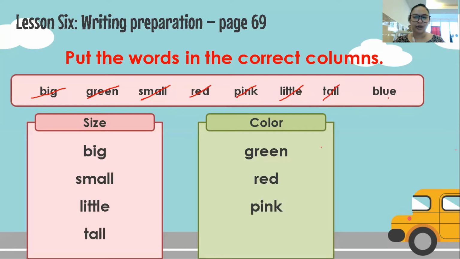Is it a size or a color? Yes, it's a color. Very good. So now we've learned already the sizes and the colors. The words that we use for sizes are big, small, little, and tall. And the words that we use to determine the colors are green, red, pink, and blue.